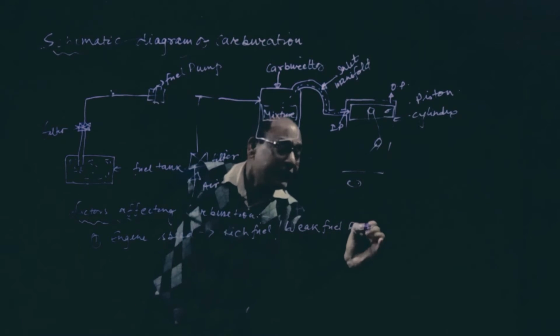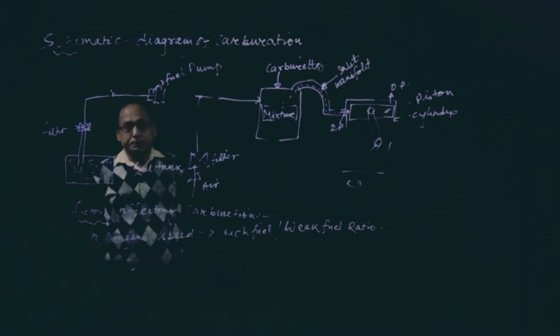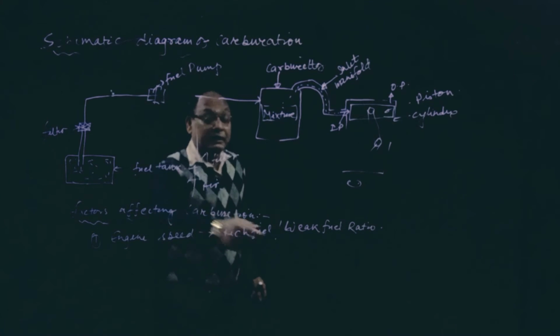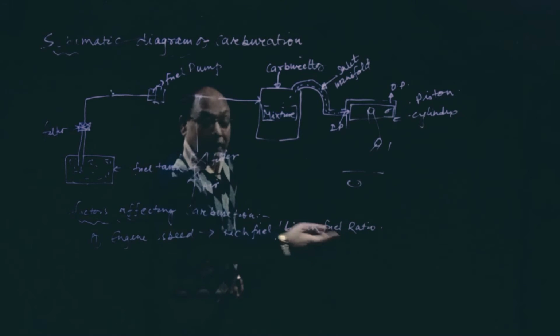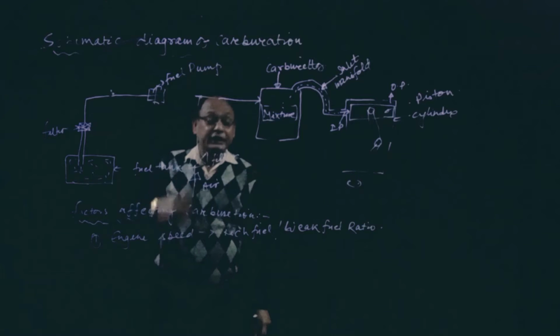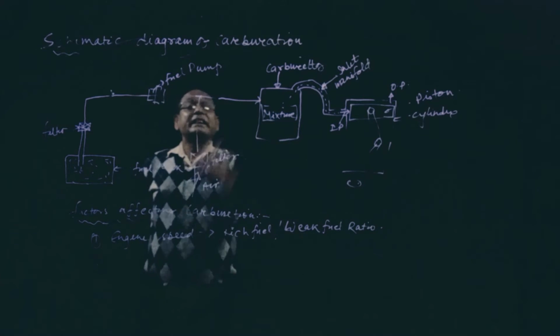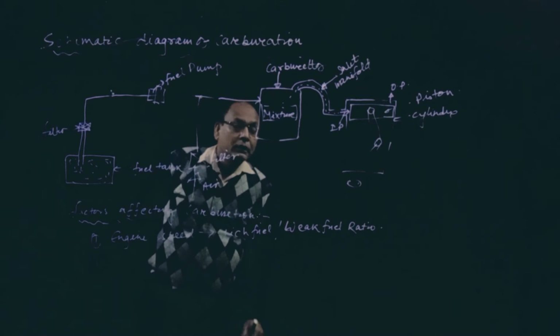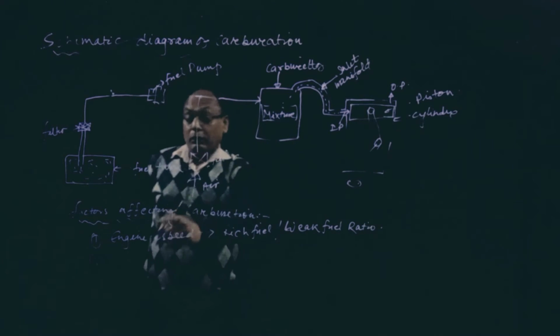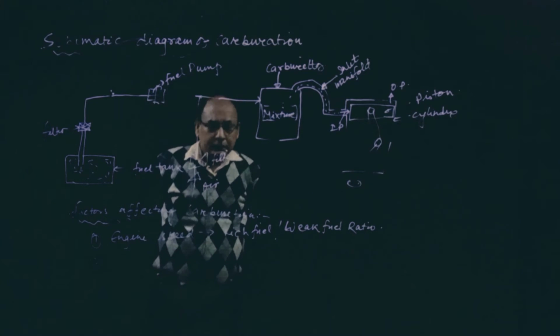That depends upon the engine speed, where you want to speed up or where you want to speed down. Speed down means that weak fuel ratio will work, and where you want to speed up your engine, we need a rich fuel air ratio. Engine speed is the first point.